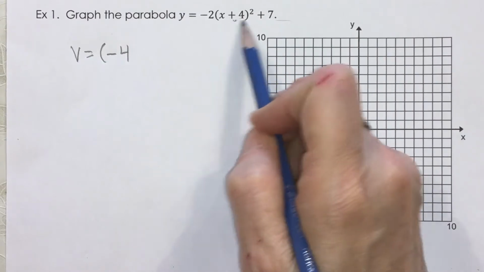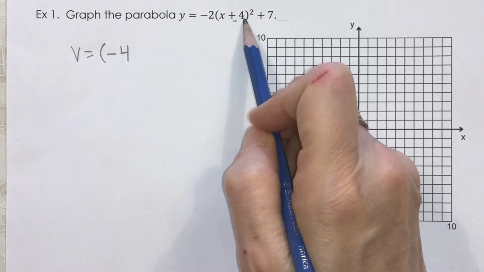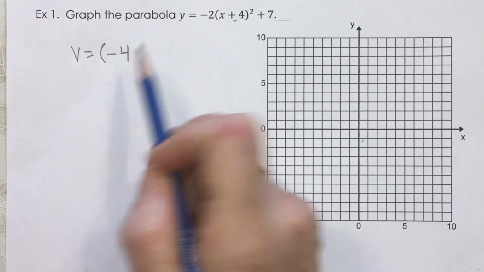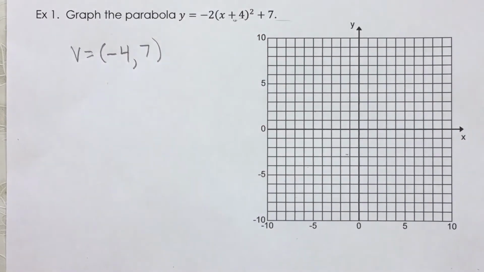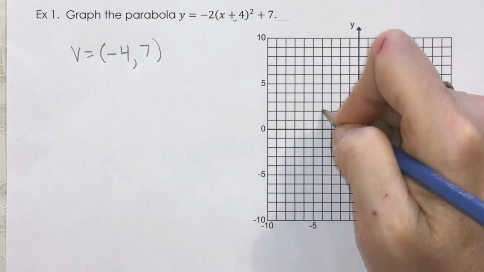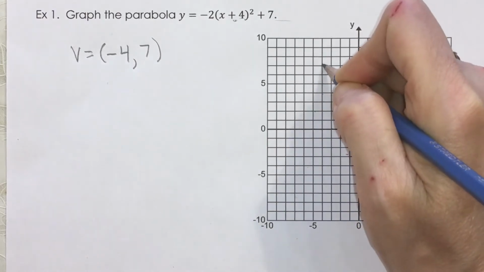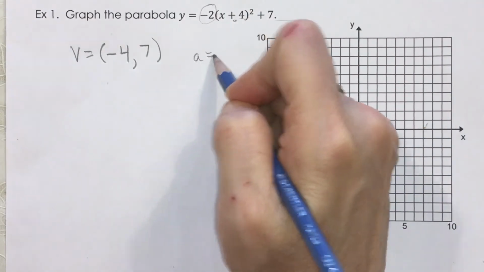And you remember even when we did transformations that x plus 4 meant 4 to the left, so the vertex will be -4 for the x and +7 for the y value. So we could plot the vertex. There's the vertex. And our step number, our a value, is -2.